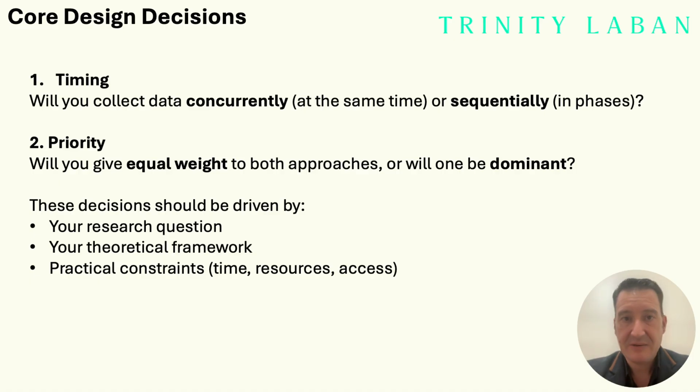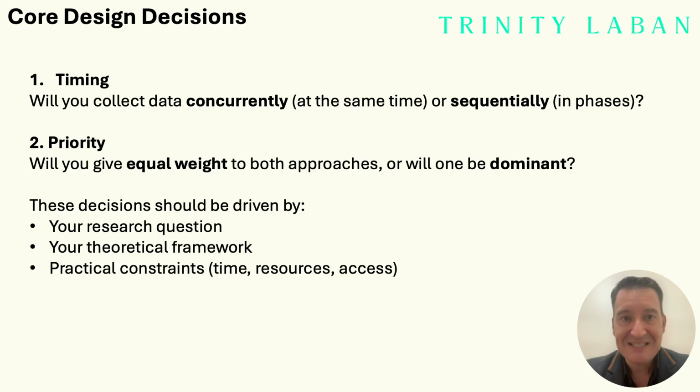The second area to think about is priority. Will you give equal weight to both approaches, the quantitative and the qualitative, or will one be dominant? Again, this should be driven by your research question. If your question requires both strands to carry equal analytical weight, then equal priority makes sense.